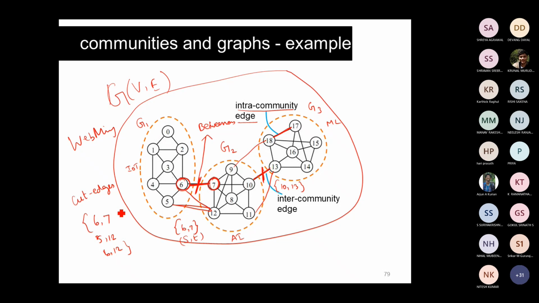Very sensitive cut edges, which will partition my graph G1, G2. G1 and G2 will get partitioned. The connectivity is lost. I can't reach from subgraph G1 to G2 because all the possible cut edges have been deleted.